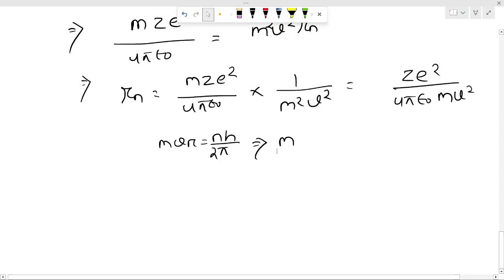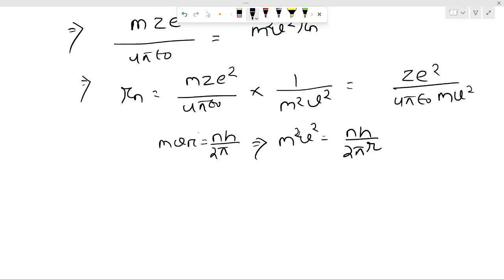We have that expression, mvr is equal to nh by 2 pi. If I have to do mv, it will become nh by 2 pi, isn't it? Let's do this with m square v square, so it will become a square.